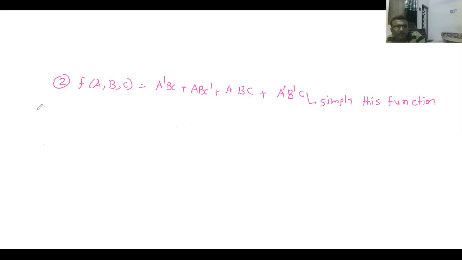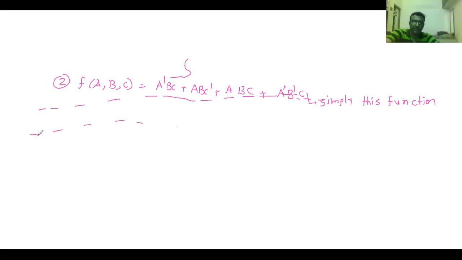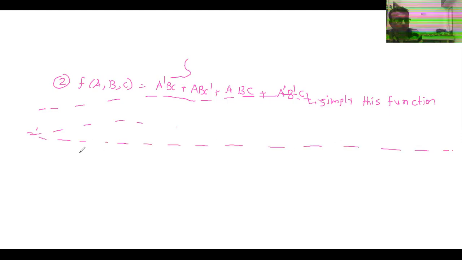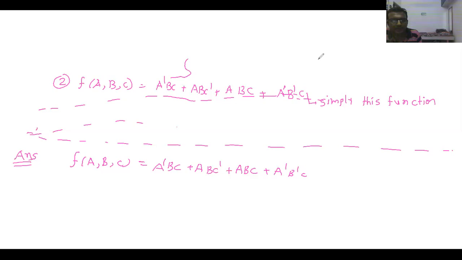So what is the answer? f of a comma b comma c equal to a dash b c plus a b c dash plus a b c plus a dash b dash c.